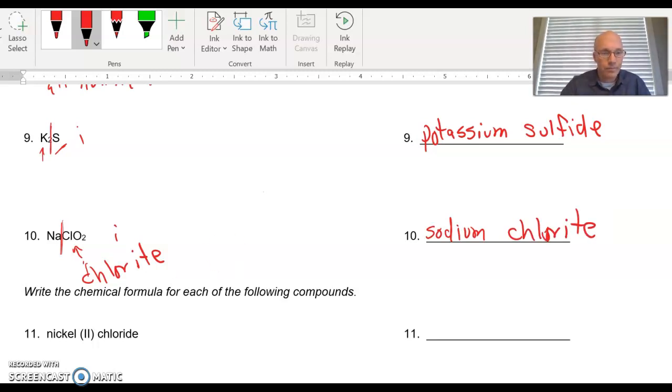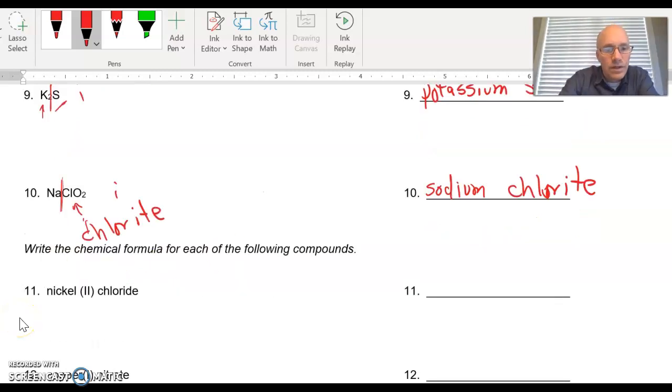All right. Okay, so on these, we're going the other way. This first one, I can already tell it's ionic because it's got a metal right there. And when it's ionic, I know I'm going to have to do the crisscross rule. So nickel, what's the charge? Well, the Roman numeral tells me what the charge is because it comes in two different varieties.